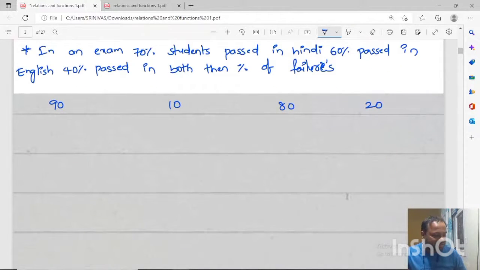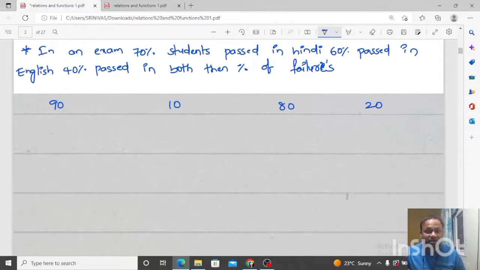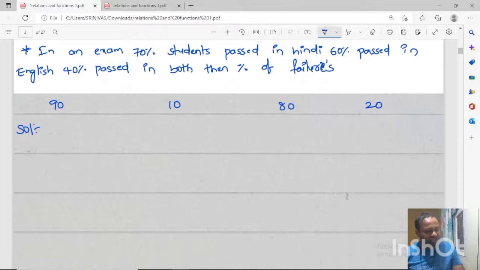This is also previous question and a little bit of a twisting question also. See it once. What was there? First see the question. So you can see the question and after that you can say the answer also.